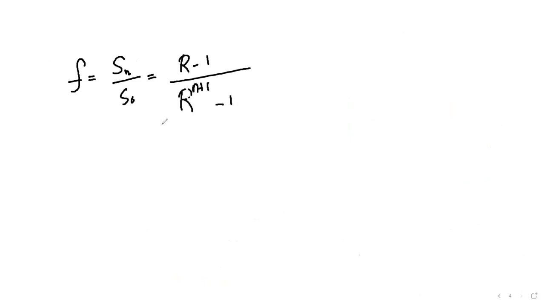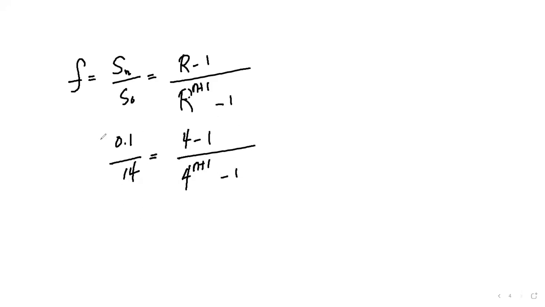So if we substitute the information that is given, we have 0.1 over 14, and R minus 1. Our R, by the way, is 4, so I will place 4 here. So we'll have 4 minus 1 over 4 raised to n plus 1 minus 1.